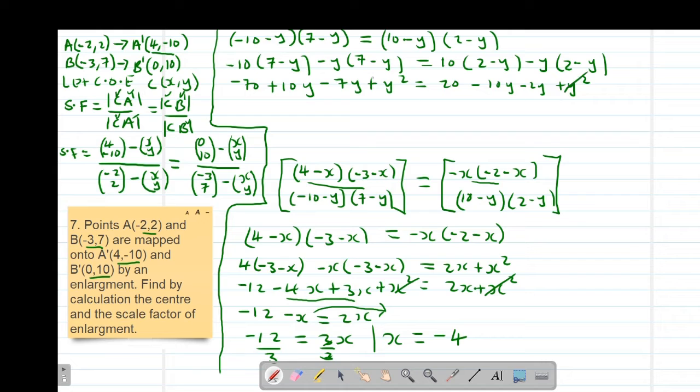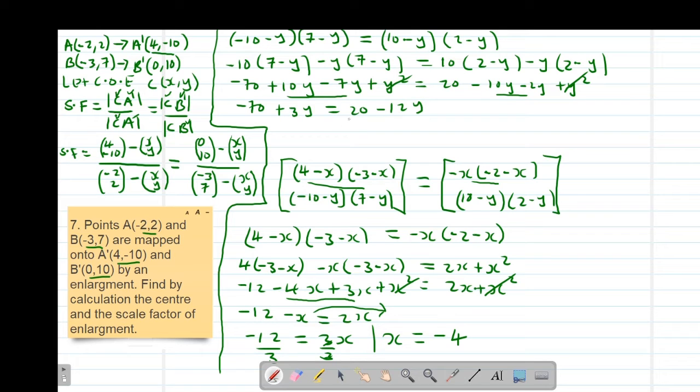Of course, y squared and y squared will cancel out. So I'm going to remain with negative 70. Then this one will give me positive 3y. So this will be 3y being equal to 20, then these 2 will give me negative 12y.